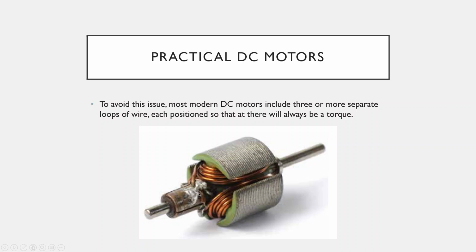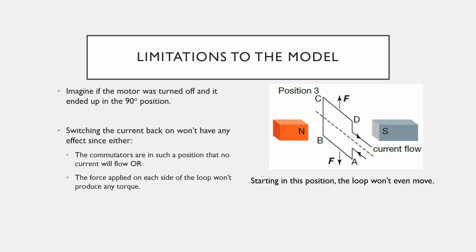And your motor will always end up in such a position that there'll always be at least one coil of wire with a current going through it that is not in a position like this. So no matter what position you stop your motor in, it'll always be able to start up again because there's always going to be some component of the force that is going to make it continue rotating.